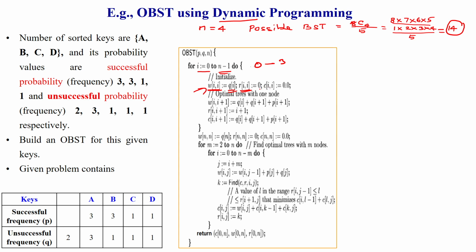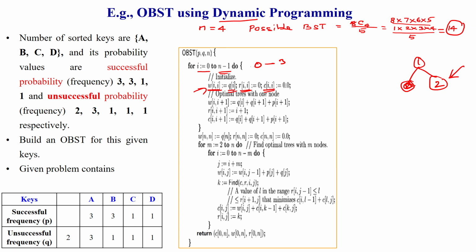We have to find out the node's position in the binary search tree. Suppose I have nodes like this, so I have to check the binary search tree like this. The node's position has to be identified, that is r of i comma i. Then the searching cost is mentioned with c.